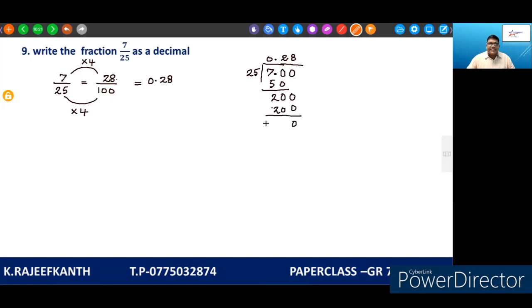Then the remainder is 0. So in this way also you can convert this fraction into decimal. Right? So the first way is we have to make the denominator a power of 10. And the second method is we have to divide the numerator by the denominator, right? Then you can convert the fraction into decimal.